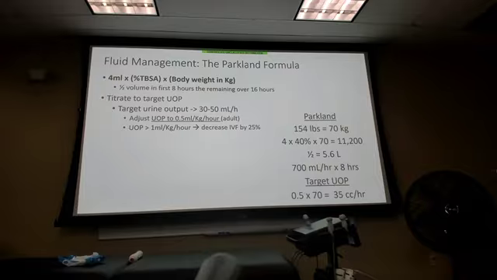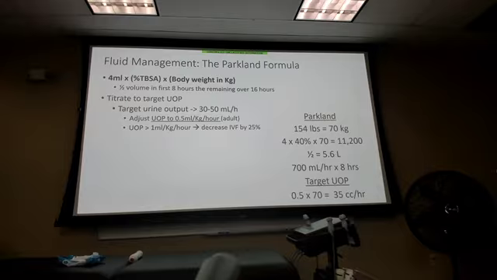The first one is the Parkland formula. This is 4 milliliters times their total body surface area times their body weight in kilograms. Pretty easy to remember calculation. Whatever that is, half of that volume is given in the first 8 hours, and the remaining over the next 16 hours.